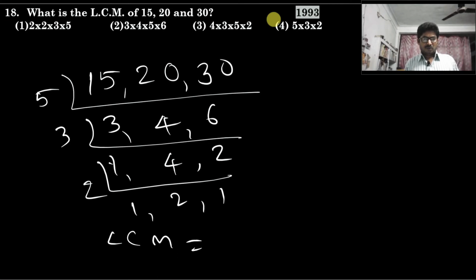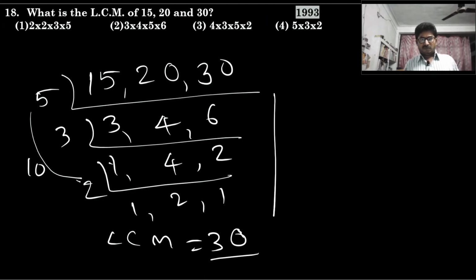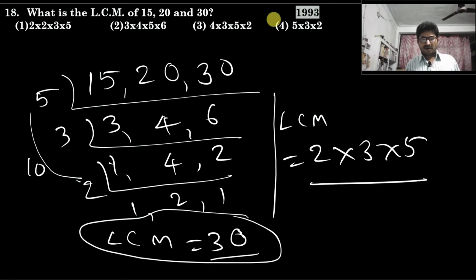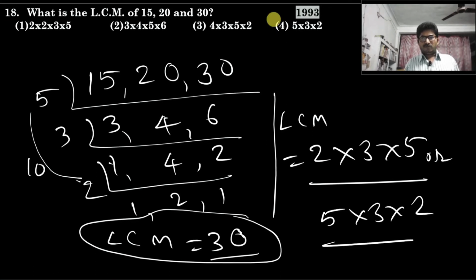The LCM is 2 into 3 into 5, that is 30. But here there is no need of finding the final value; we just have to find the product of numbers 2 into 3 into 5, in any order. So option 4 is correct.